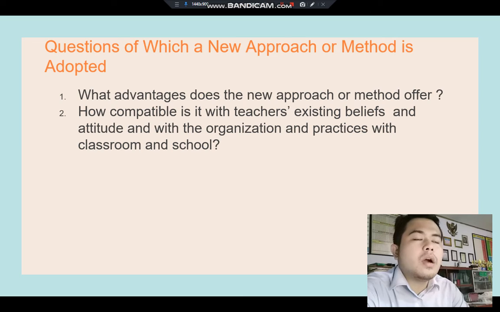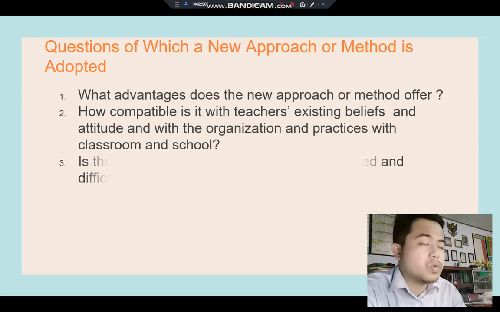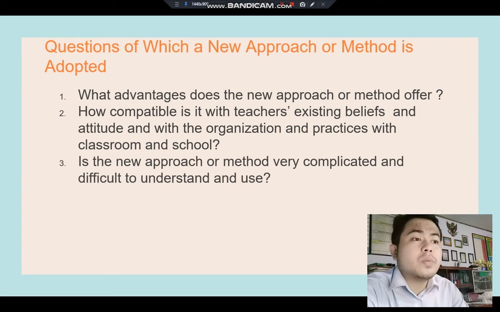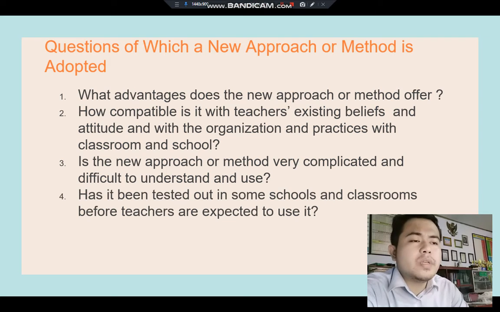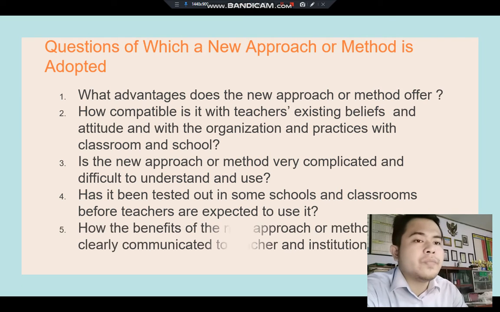The second, how compatible is it with teachers' existing beliefs and attitudes, and with the organization and practices of the classroom and school? The third, is the new approach or method very complicated and difficult to understand and use? The fourth, has it been tested out in some schools and classrooms before teachers are expected to use it?